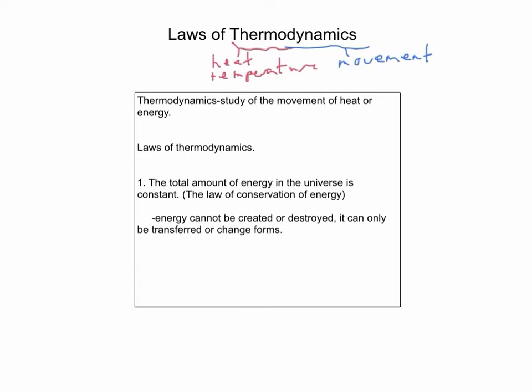So when we talk about energy, for example, let's think about the energy we get in food. Well, where does that come from? It starts as solar energy, light from the sun. That light energy is converted into chemical energy in a plant.